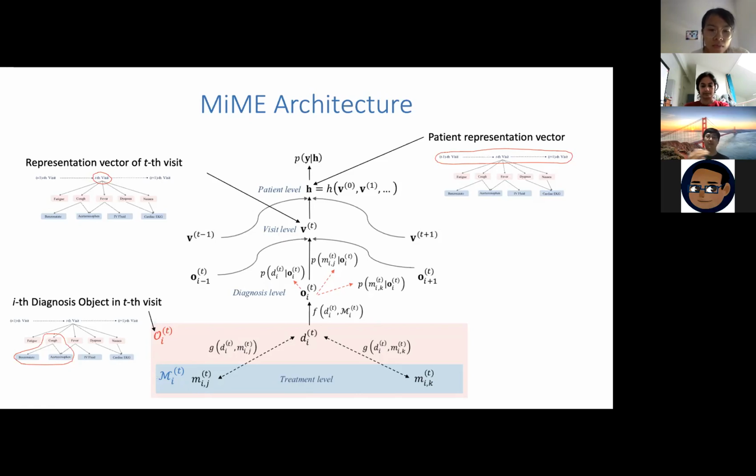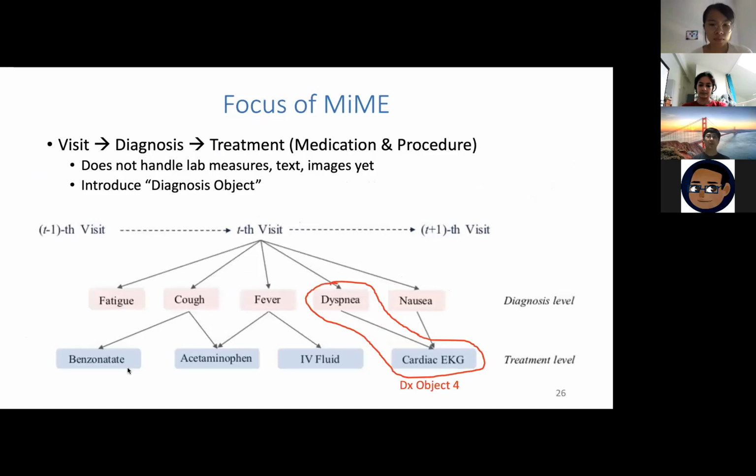But you can think of this as a very specialized graph neural network or graph convolutional network, because we are dealing with graphs now, which are unidirectional. First of all, it's unidirectional because the arrows go like this. So it's a unidirectional hierarchical graph. If you have the adjacency matrix, then you can simply use a graph convolutional neural network instead. So MIME is just a very specialized graph neural network.